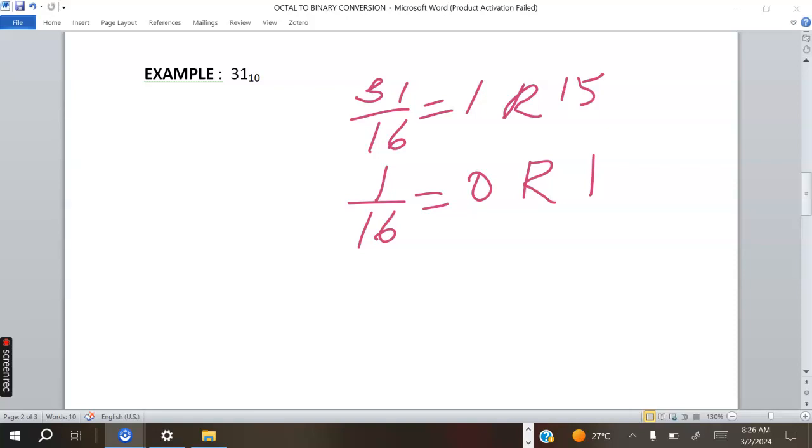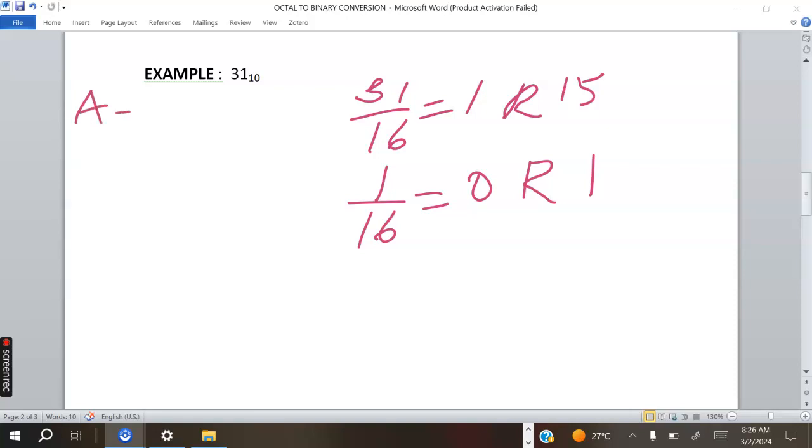Now if you look at this example, it is quite different. Remember, as I told you, A represents 10, B 11. Let me write this down to make it easier.